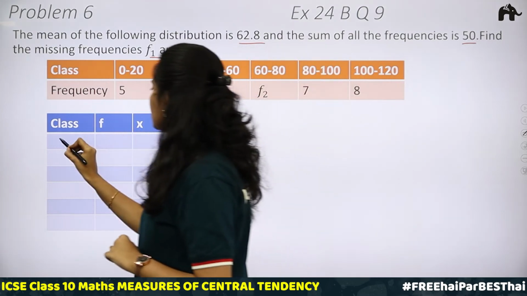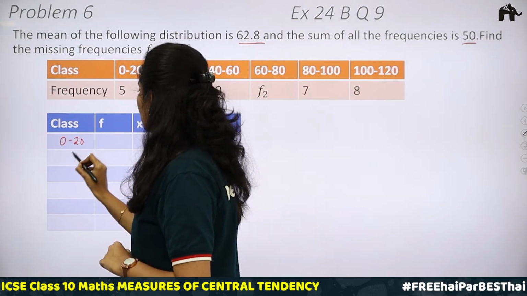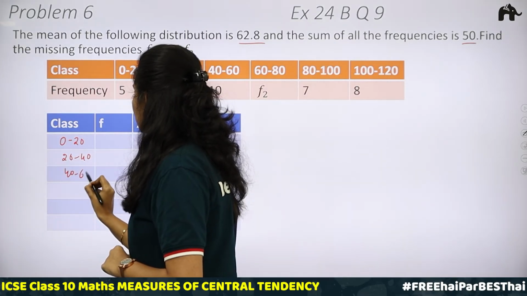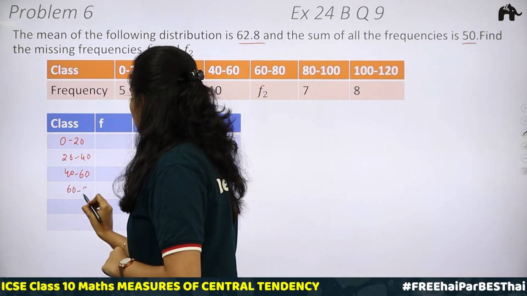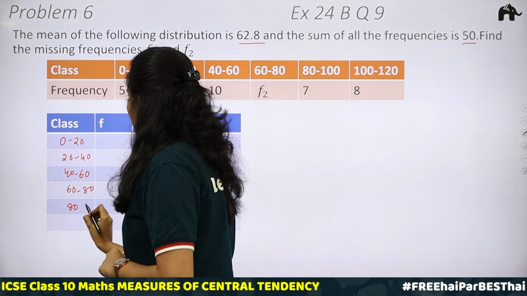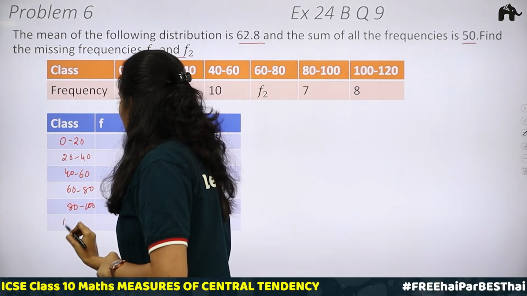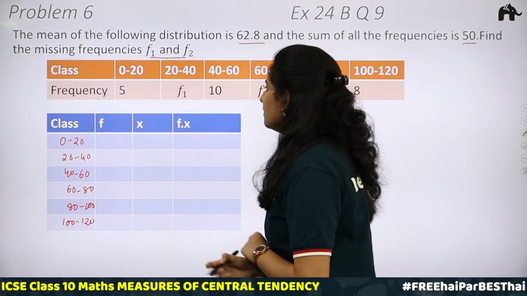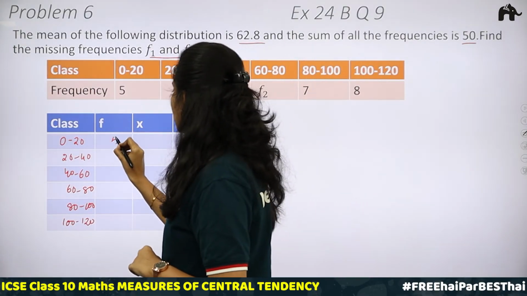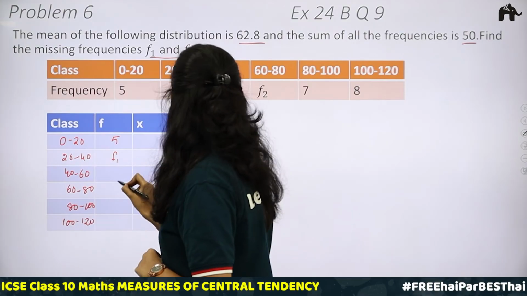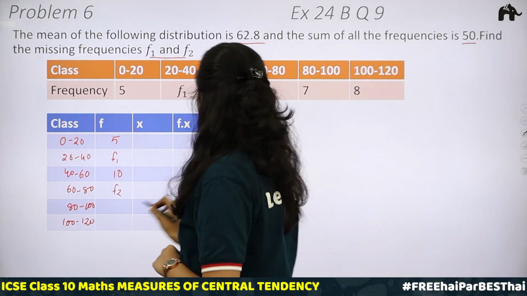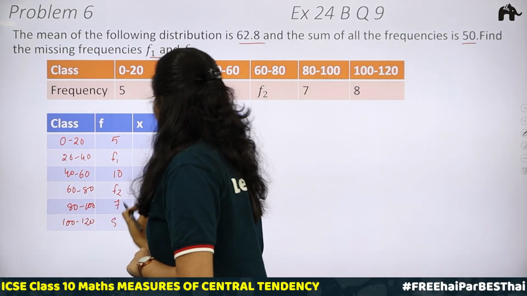The first class is 0 to 20, 20 to 40, 40 to 60, 60 to 80, 80 to 100, and then 100 to 120. Okay. Corresponding frequencies are 5, then F1, 10, F2, 7, 8.